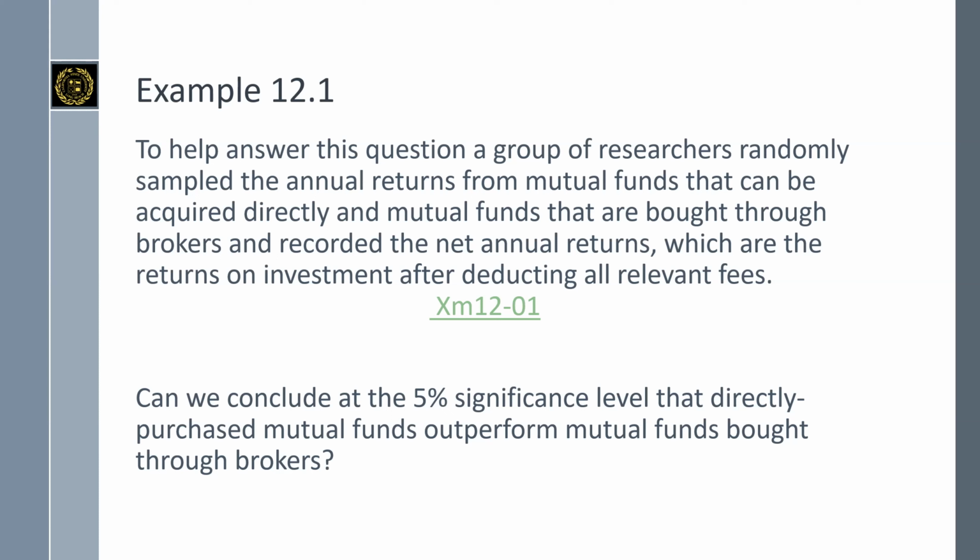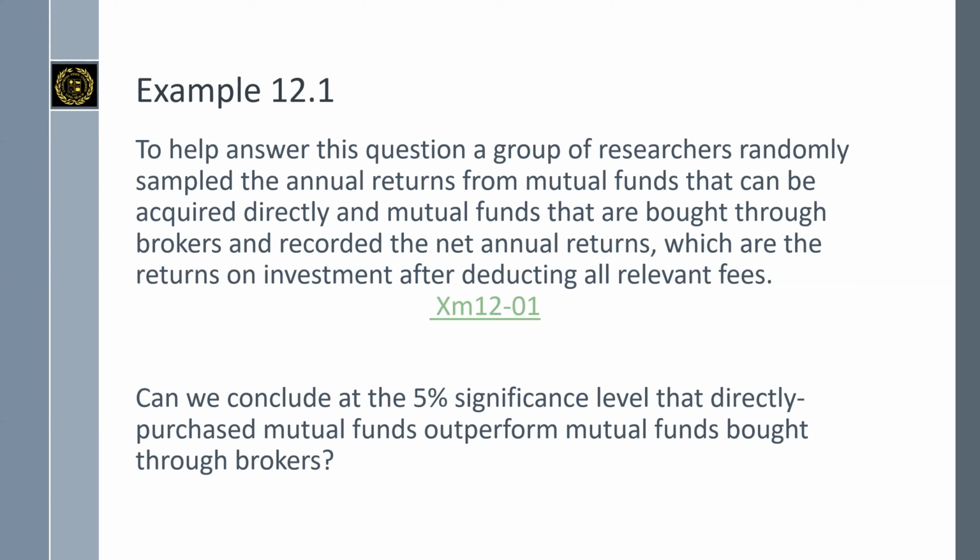So now the question is, can we conclude at the 5% significance level that directly purchased mutual funds outperform mutual funds bought through brokers? So we have our two groups, directly purchased and bought through the broker.